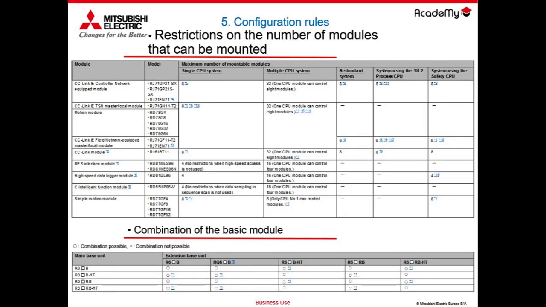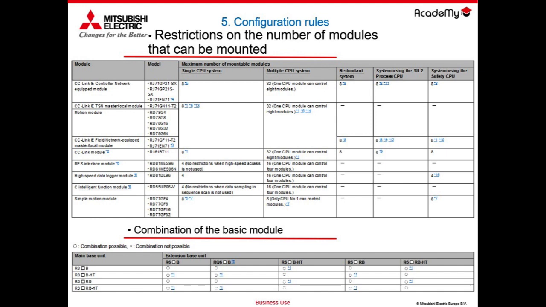There is also a restriction on the number of mountable modules. For example, if we look at the CC-Link IE TSN module, which can be used as master of the TSN networks, the RJ71GN11-T2, the system tells us that at most up to 8 of these modules can be integrated in the iQ-R system for a configuration with a single CPU.